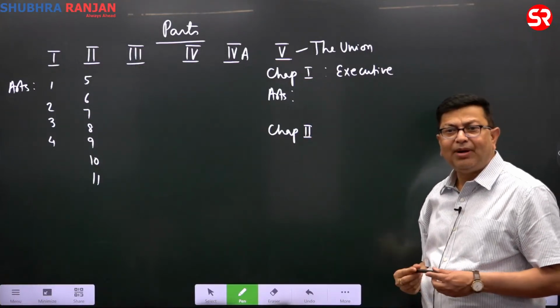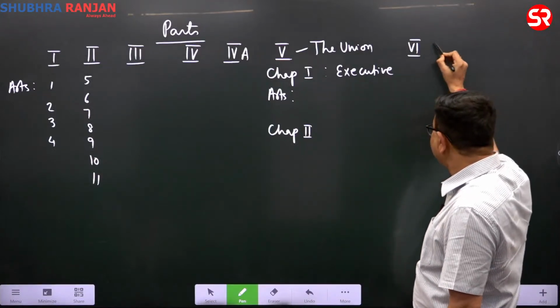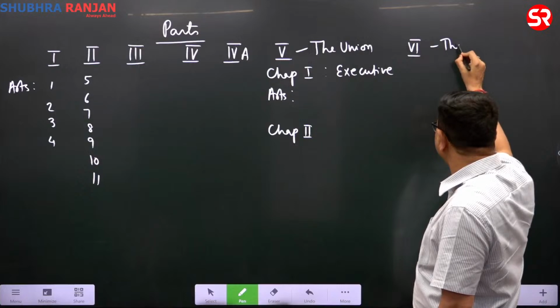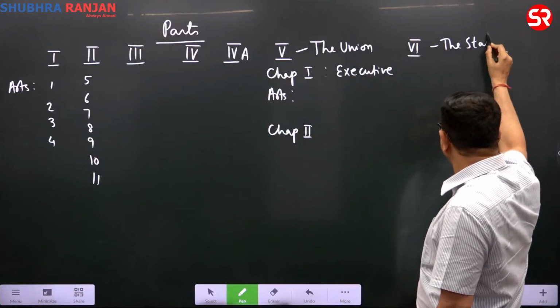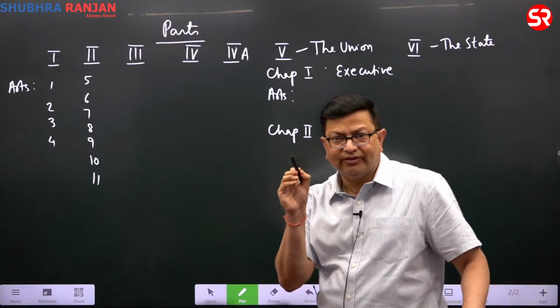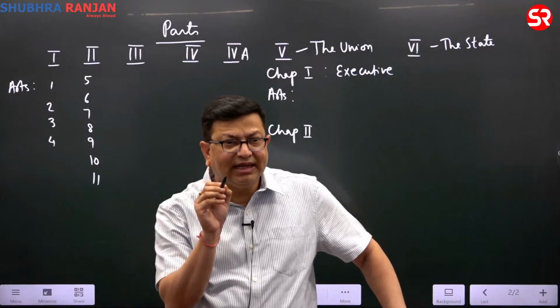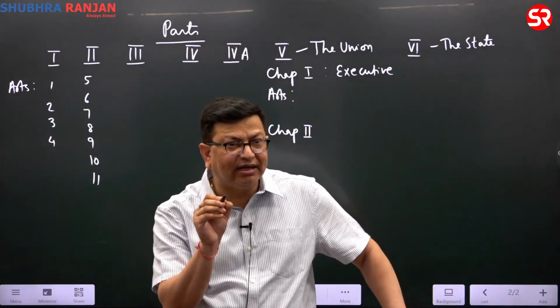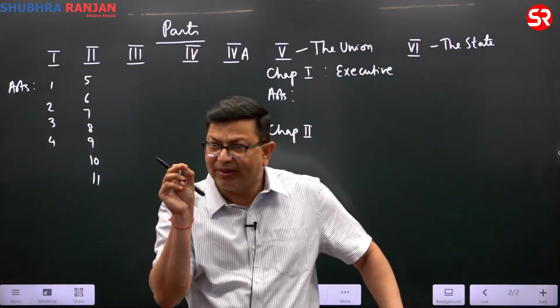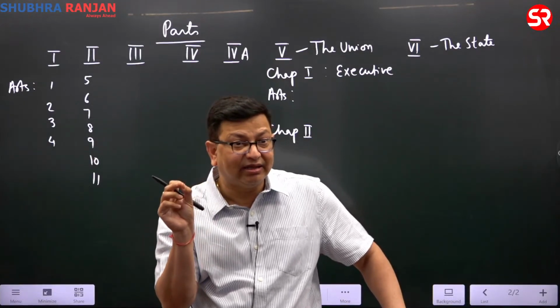Some of the parts are multi-dimensional. Similarly, part 6 deals with the state. Here also chapter number 1, executive, governor, the council of ministers, then advocate general; such chapters, we can say topics, are there. Then chapter number 2, the state legislature.